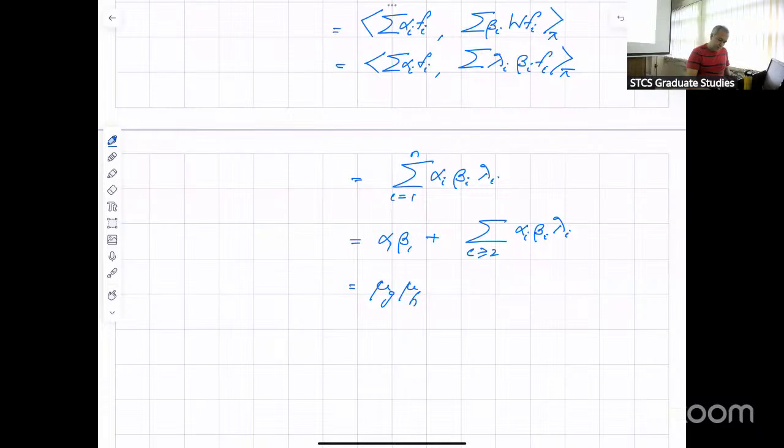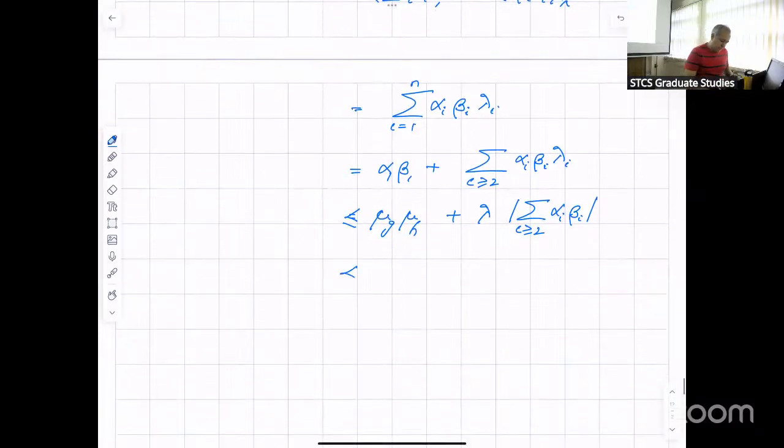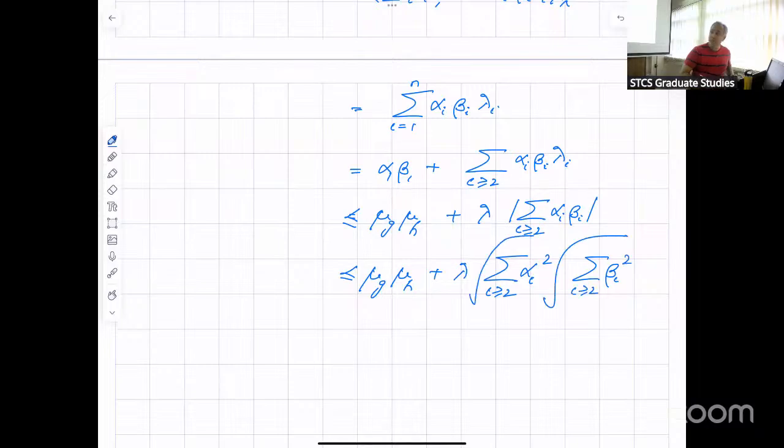This is less than or equal to that plus lambda times the absolute value of summation over I greater than or equal to 2 of alpha I beta I. By Cauchy-Schwarz, this is at most mu g mu h plus lambda sigma g sigma h.